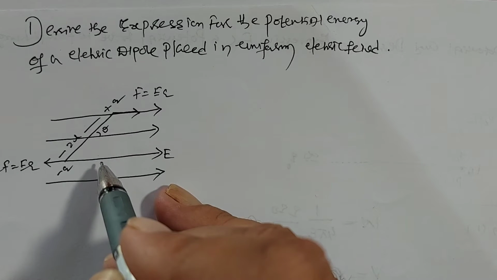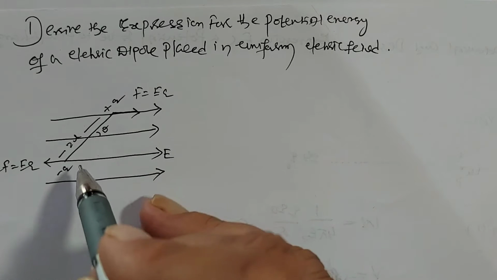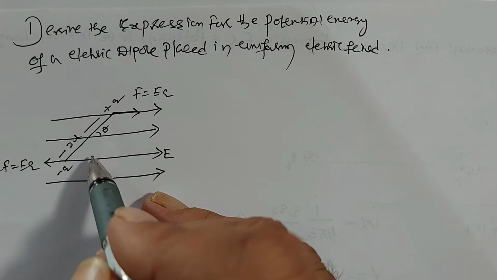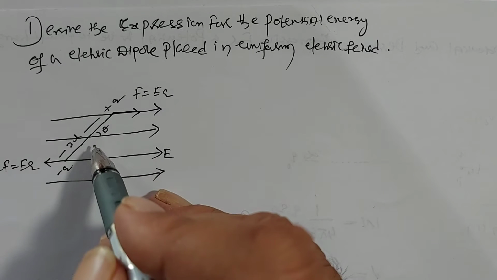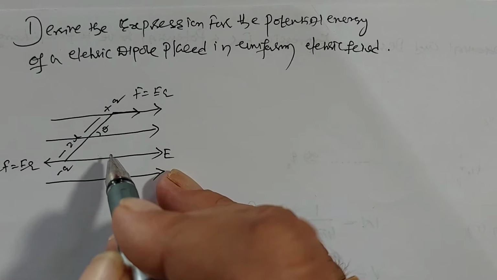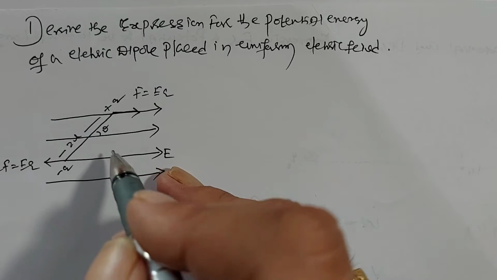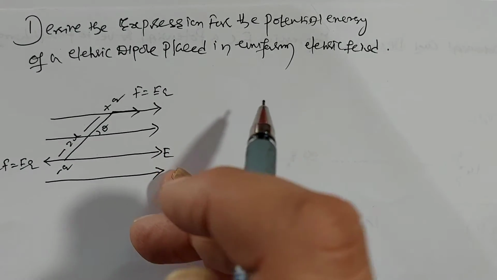Already we discussed this in electric fields and charges. When this dipole is placed in a uniform electric field, the net force acting on the dipole is zero, but the net torque is not zero. That is a very important point.